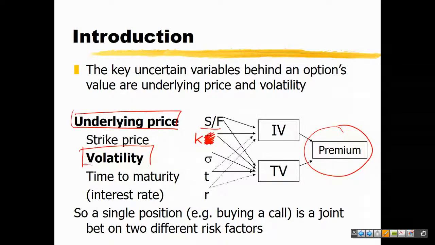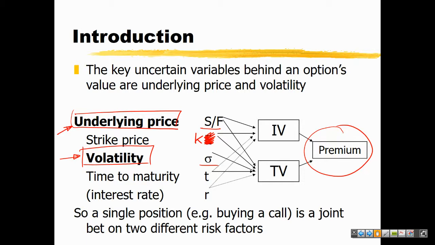It can be volatility, implied volatility, so sigma, time to maturity, the interest rate, many other elements. Now, out of these elements, clearly two are particularly important from a trading perspective, and they are the price of the underlying asset and the implied volatility.